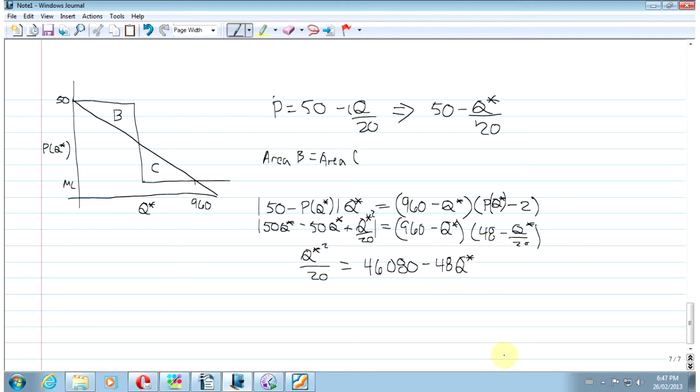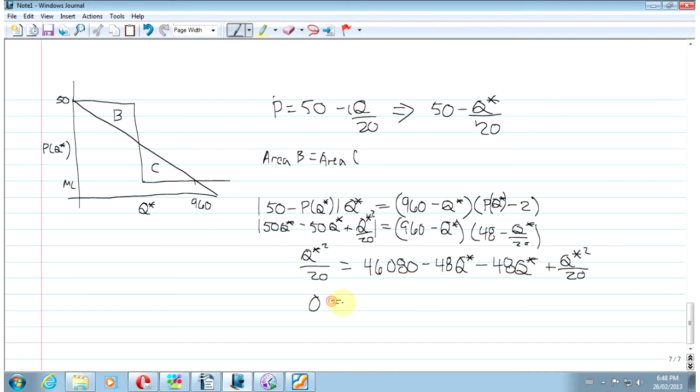And 960 divided by 20 is also 48, because 96 divided by 2 is 48. And so it's again minus 48 Q star. And then again we have a plus Q star squared over 20. So these Q star squared over 20s are going to cancel out.